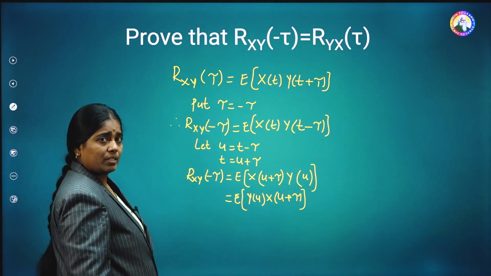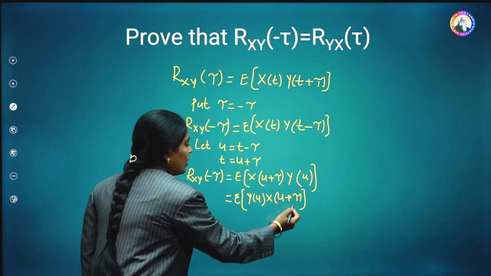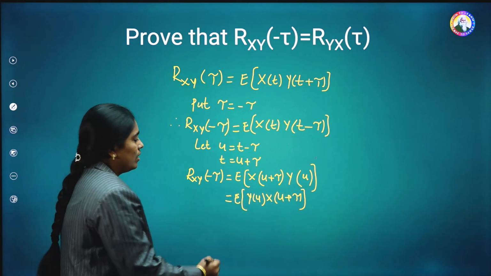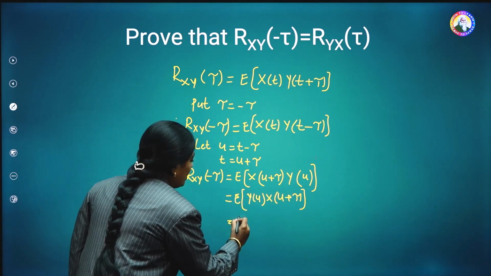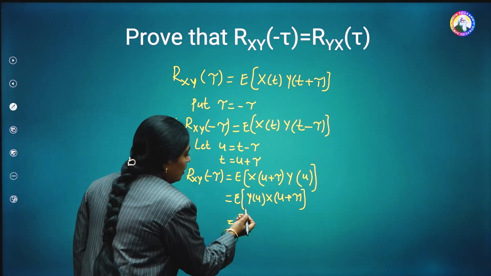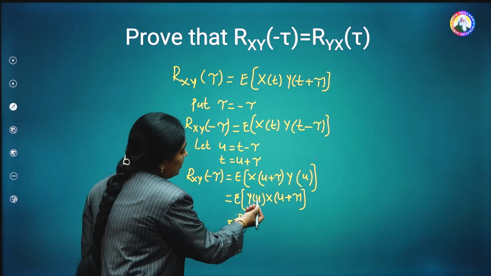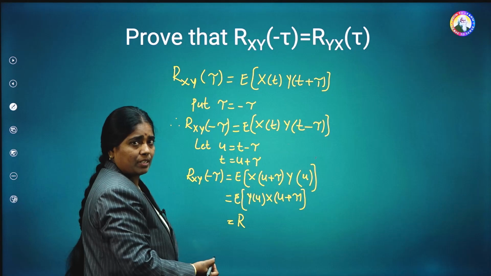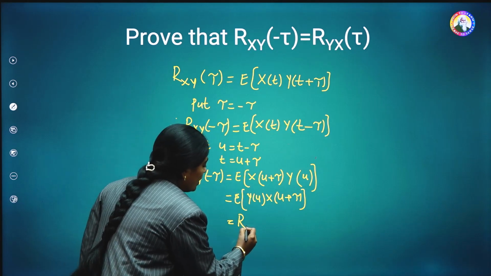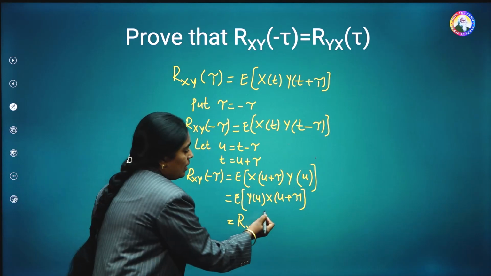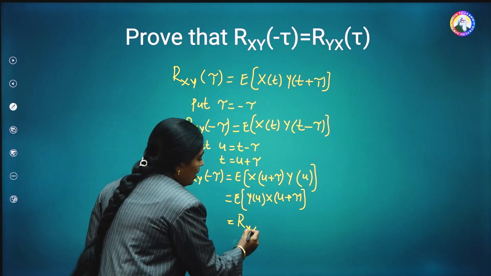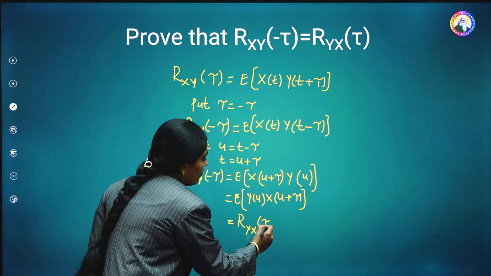Now, you can observe that this is the definition of cross-correlation function. That's why this is nothing but equal to r. In the cross-correlation function, first you have defined the y of t, that's why first we write y, next we write x. That's why ryx of tau.